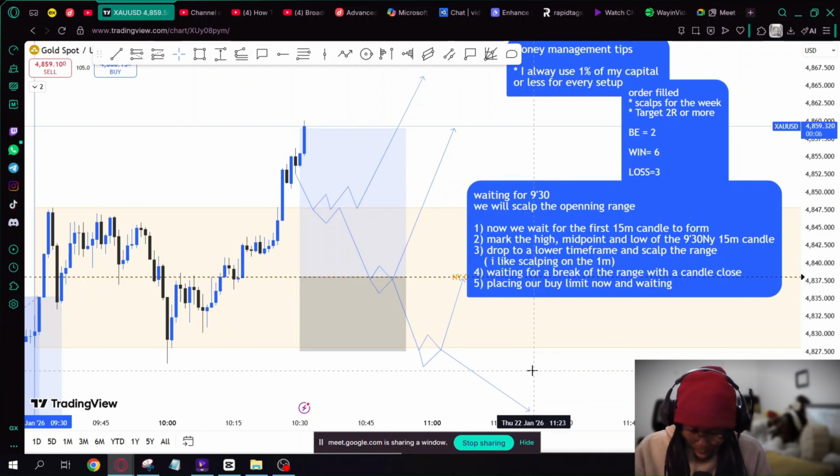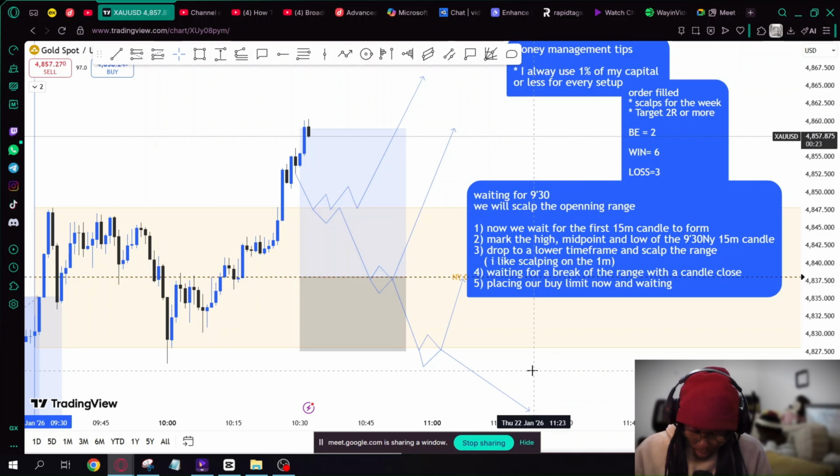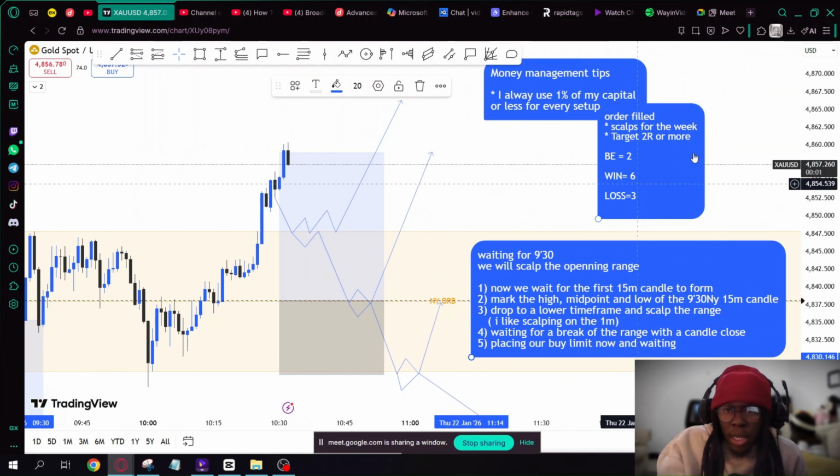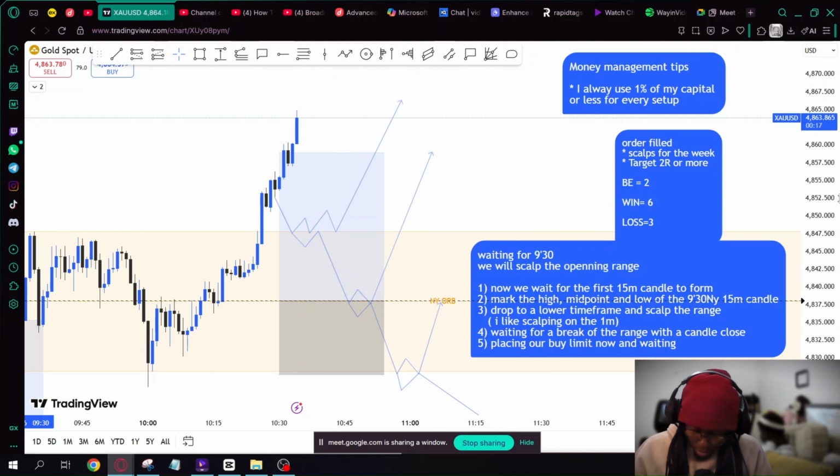You need to just observe: is the top of the range acting as a support or a resistance? Is the midpoint of the range acting as a support or resistance? Is the bottom of the range acting as a support or resistance? So that's another way you can scalp your opening range.